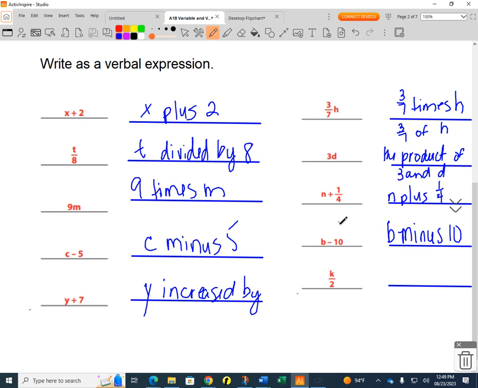So this could be 10 subtracted from B. You could say it that way. B subtracted 10 is another way. I don't like that way, but a lot of people say it that way. It could be B decreased by 10, right?